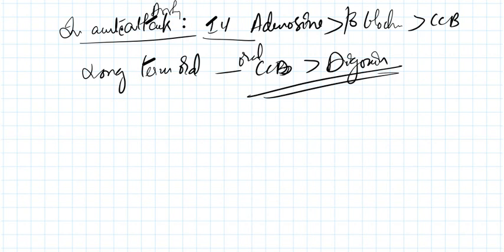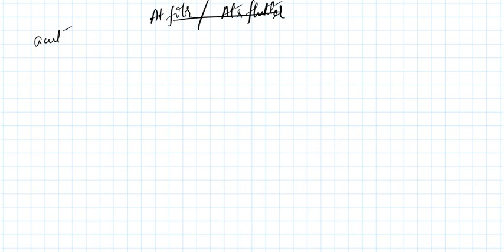Now when you come to atrial fibrillation or atrial flutter, what is the treatment of atrial fibrillation or atrial flutter? If you get a patient with an acute attack, it is cardioversion.